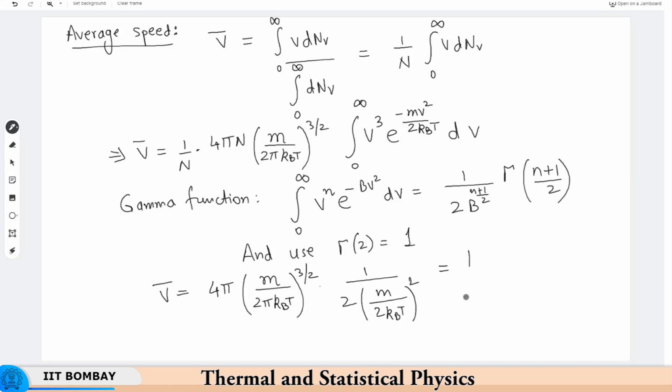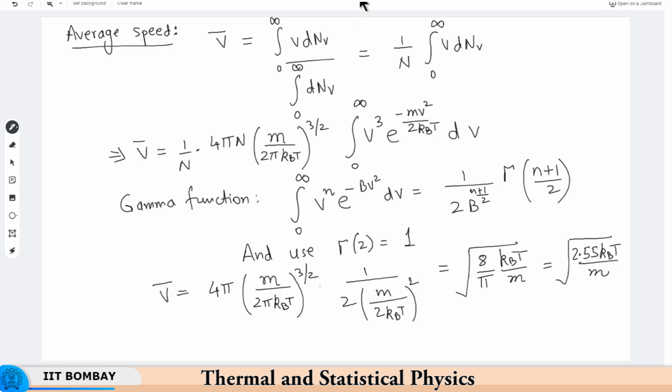If you simplify this, it becomes square root of 8 by pi times k_B T by m, which can be rounded off to 2.55 times k_B T divided by m. This is our final result. So the average speed of a gas molecule at any temperature T is given by this expression.